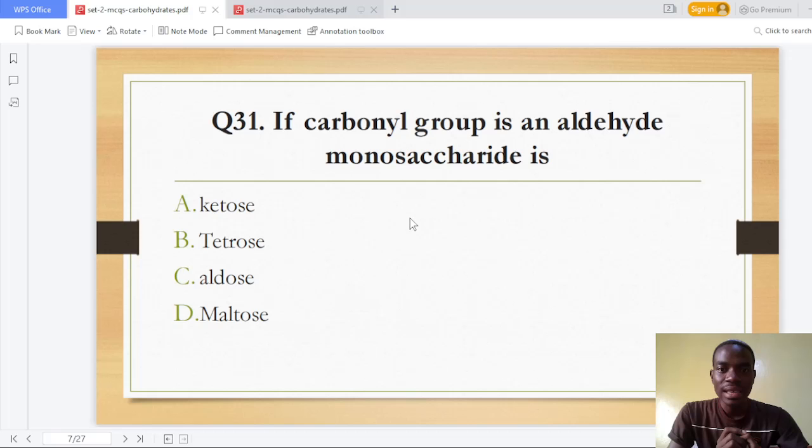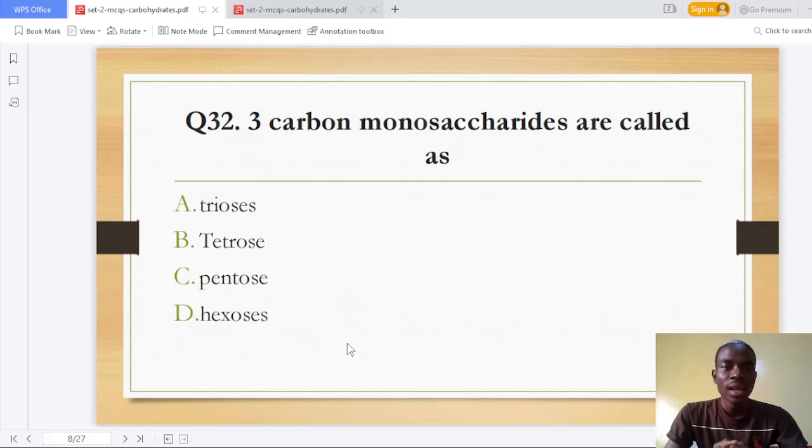Question 32 is saying 3 carbon monosaccharides are called as A, trioses, B, tetroses, C, pentose, D, hexoses.